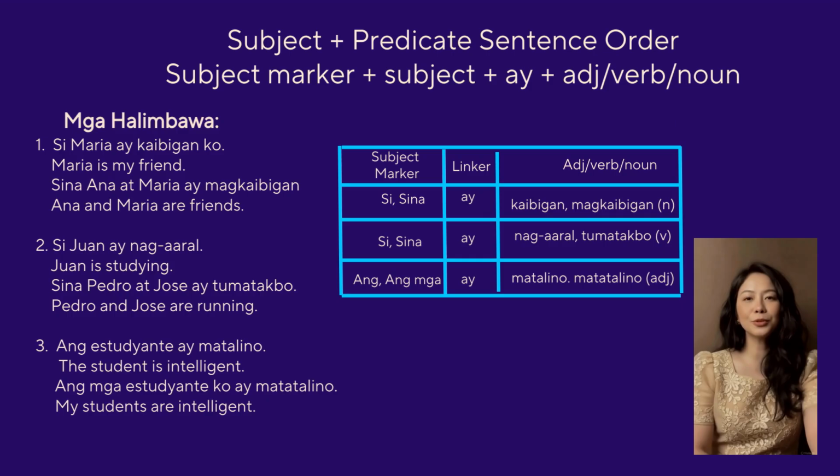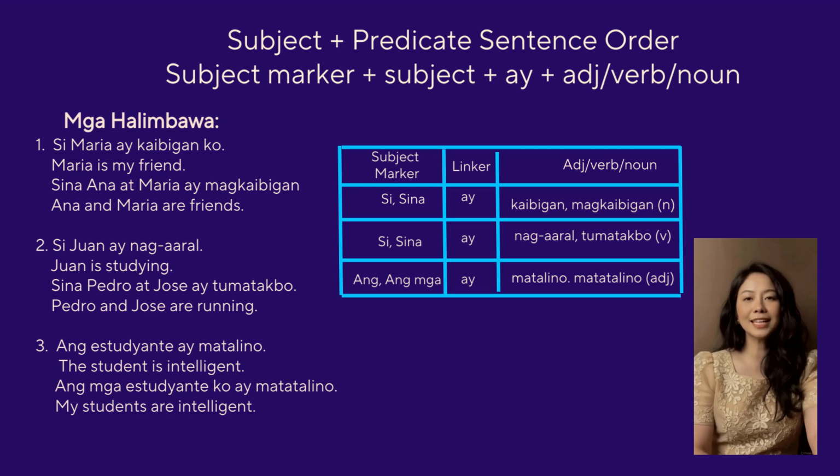Here are the examples for the subject plus predicate sentence order. The sentence format will be the subject markers ang mga, sina, plus I linker, plus the adjective, verb, or noun. First example, si Maria ay kaibigan ko. That's a singular form. We are using here the si subject marker to introduce Maria as a subject.